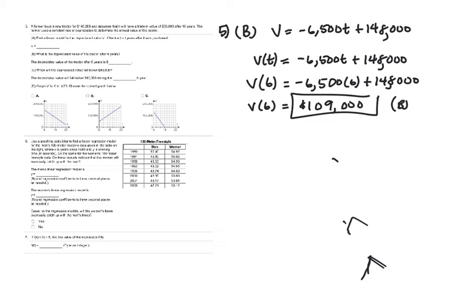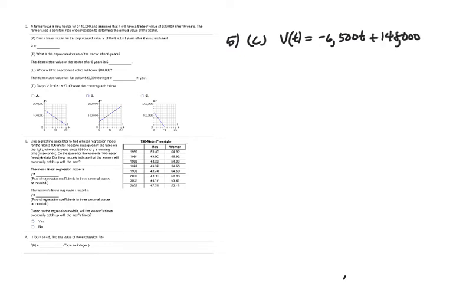Okay, let's look at part C. Part C asks, when will the depreciated value fall below $80,000? Okay, so our value with respect to time was a negative 6,500 times T plus 148,000. Okay.